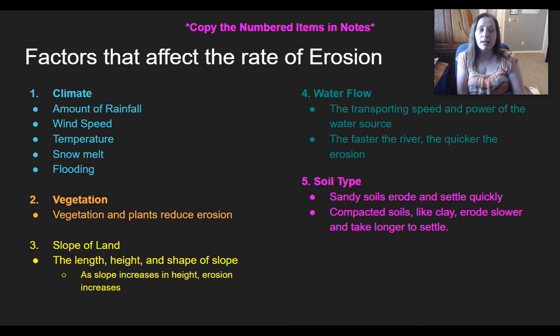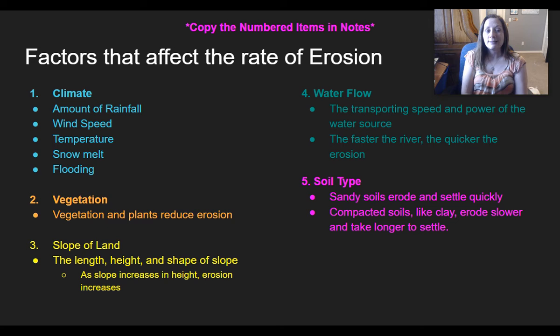Another thing is vegetation, and we talked about that when we learned about landslides, but if we have more vegetation, those roots grab on to that soil, causes it to erode more slowly. When we remove the plants, remove the trees, we don't have those roots holding the soil, that actually increases the rate of erosion.